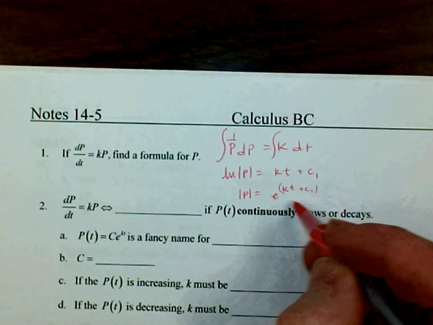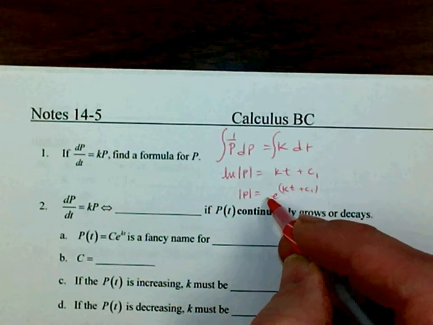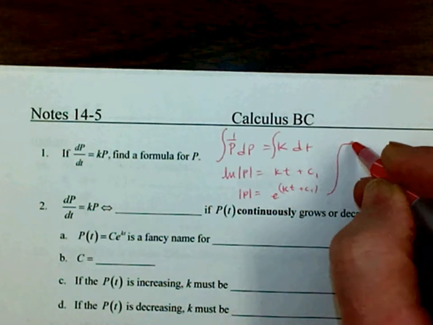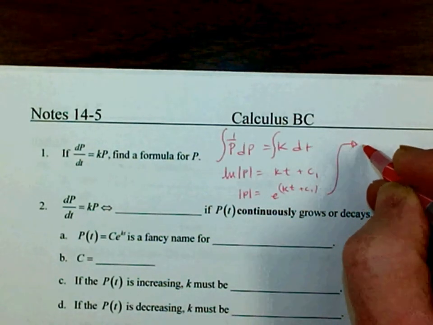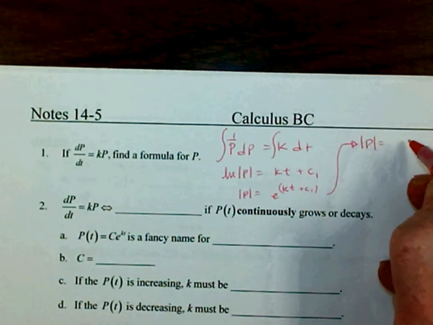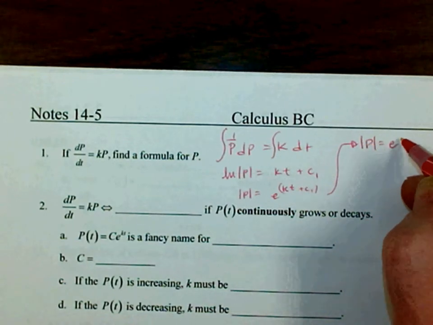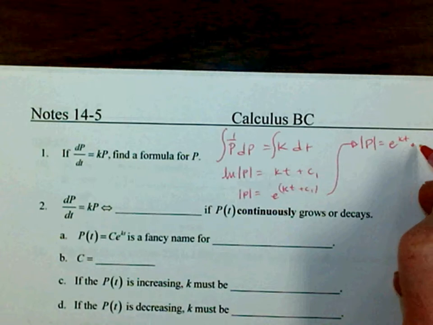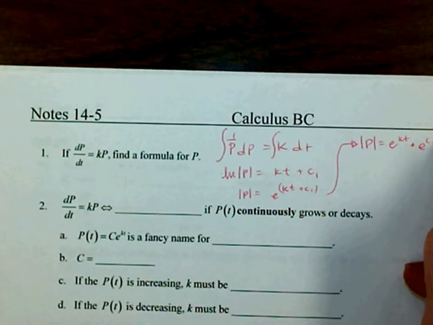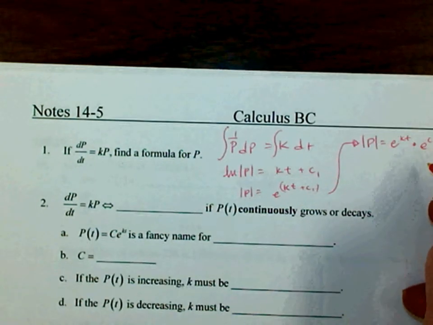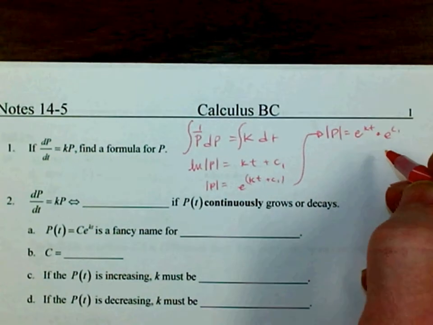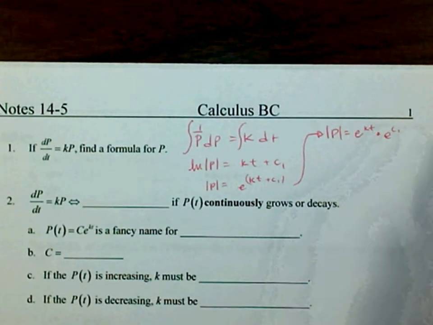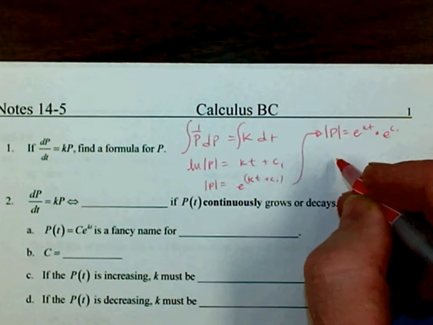And that can be adjusted to be just some constant. I'll show that in a couple steps here. The absolute value of P would equal e to the kt times e to that c1. This is that constant I was talking about. The e to some constant is just going to be some other constant.